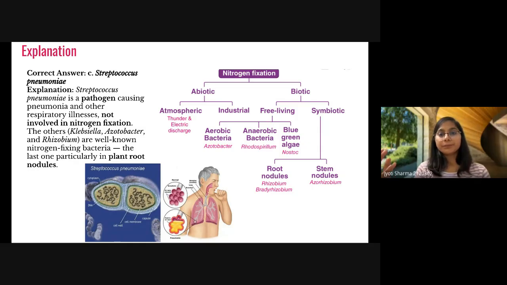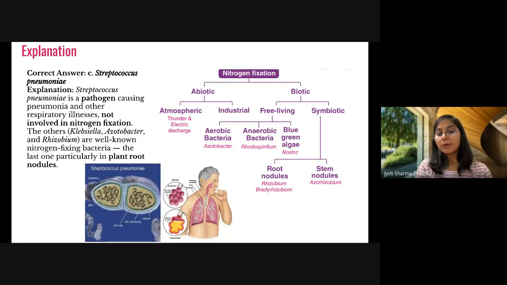For example, Rhizobium needs a relationship with the root nodule of a legume plant. So there is a kind of relationship between the legume plant and the bacteria, so this will come under symbiotic. But if they can fix the nitrogen without taking help of another organism, this will come under free living. Free living examples are Azotobacter, Rhodospirillum, and Nostoc.